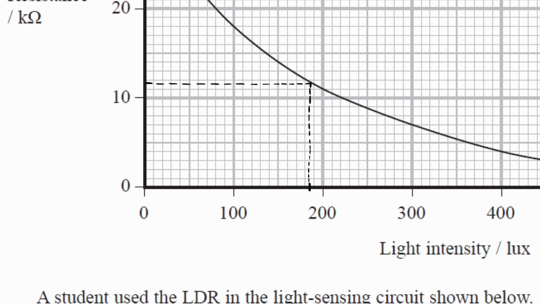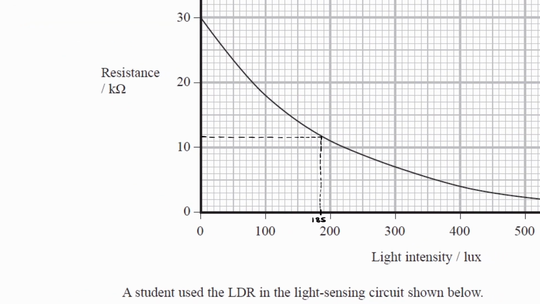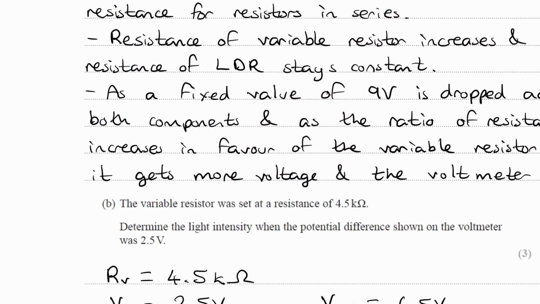This is an interval of 100, and there are 10 mini intervals there, so each of those steps is 10. Therefore, these two must be 180 and 190. So the value that we have must be 185. And the unit was lux, so our answer would be 185 lux.